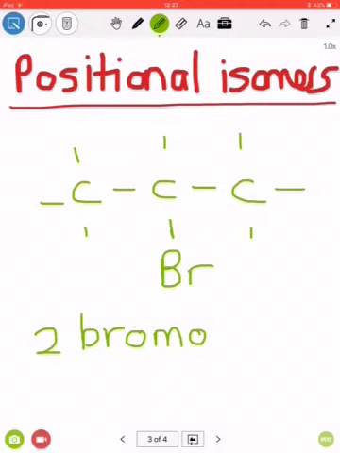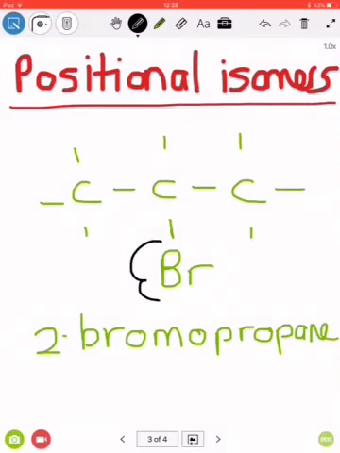And because there are 3 carbons, it's going to be propane. So 2-bromopropane. And then for a positional isomer, all that's going to happen is that this functional group must change positions.